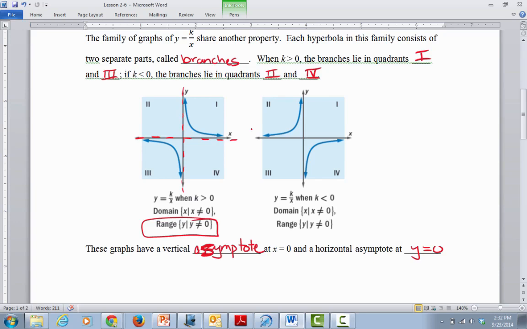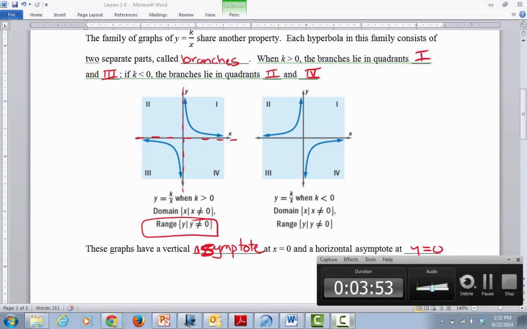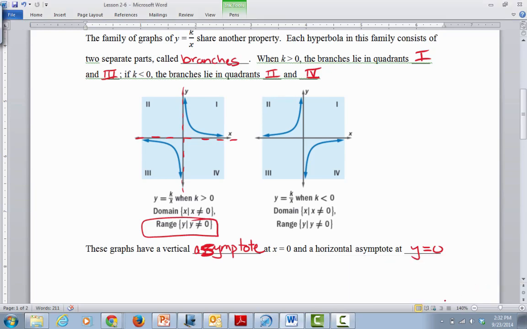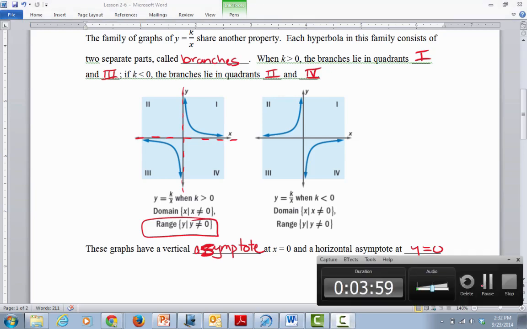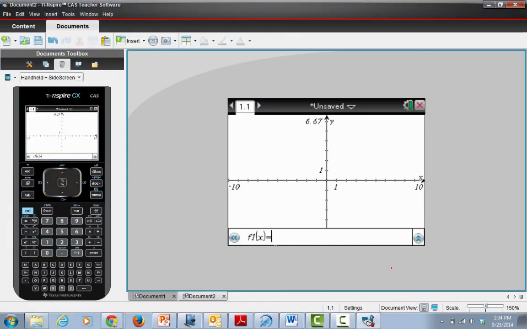All right. Pause for me. All right. So on our notes it says graph y equals 24 over x squared. So I'm going to do that right now. Hit enter.